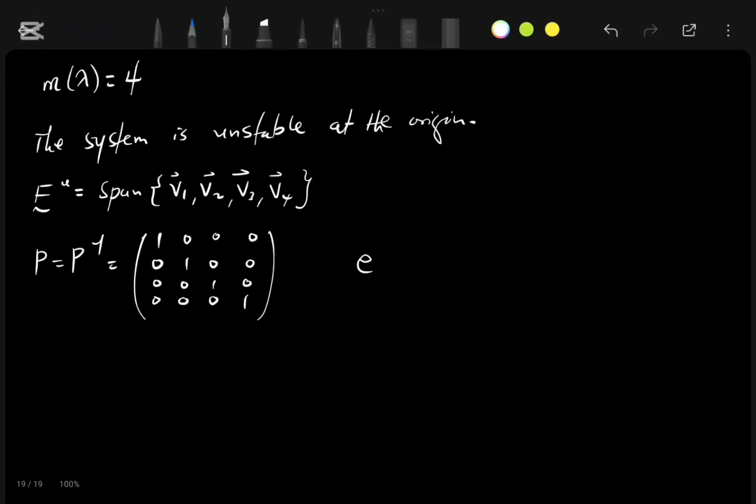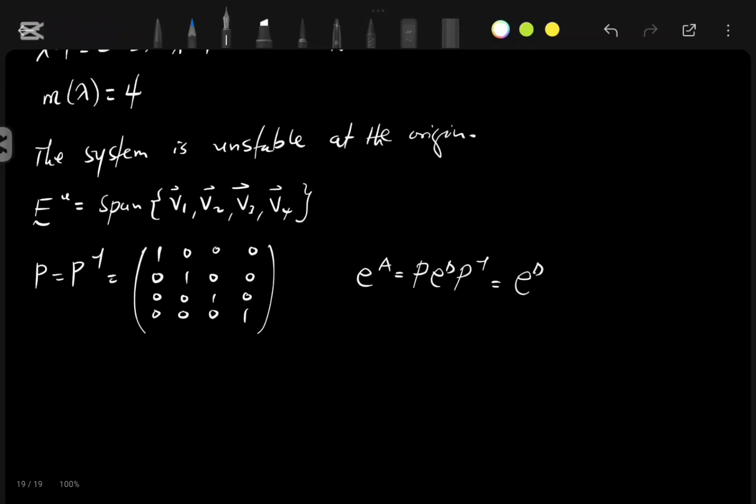So the exponential of our matrix, which is given by P e to the power D P inverse, will just be equal to e to the power D. But in this case, our e to the power A is given by e to the power S plus N. So now we have to find e to the power S and e to the power N. So we have to find our S matrix and our N matrix.